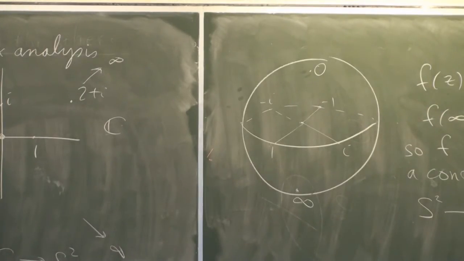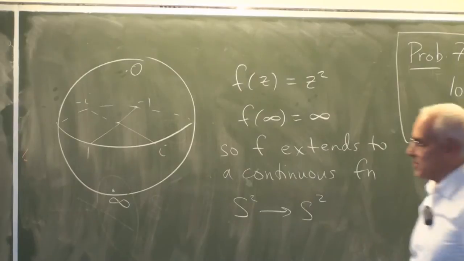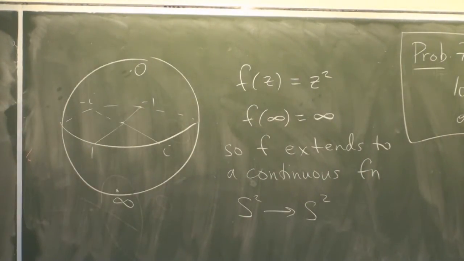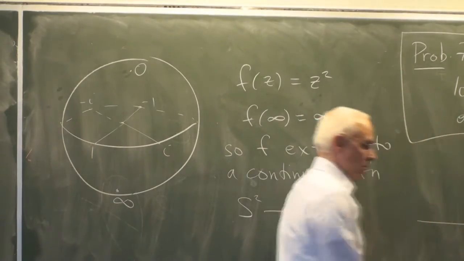And what about this, let's have another look at this example, f of z equals z squared. What does that do to the sphere? Let's have a think about what the function f of z equals z squared does to the sphere. Well, let me remind you a little bit about the squaring operation in the complex number plane.